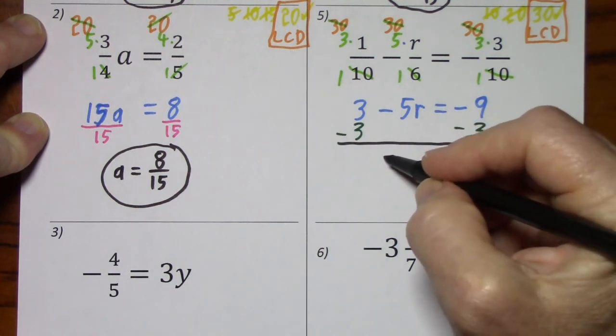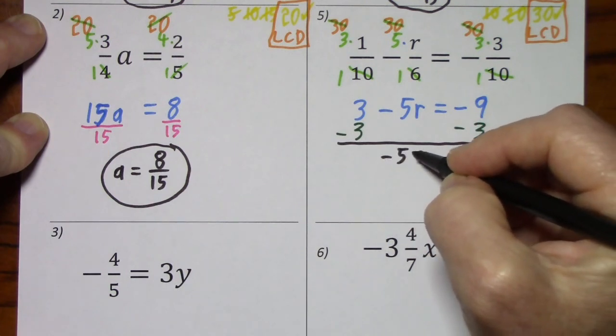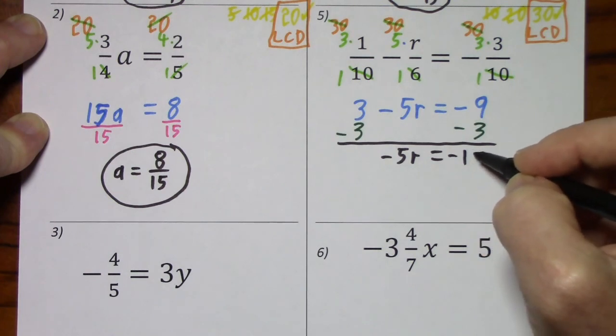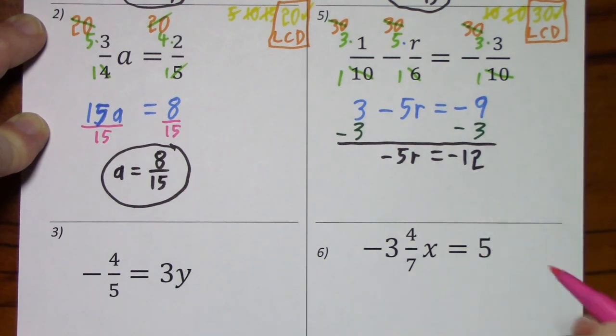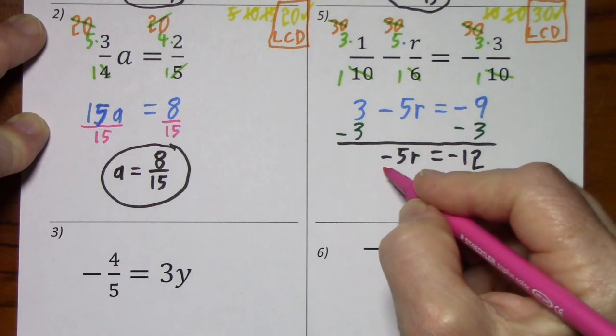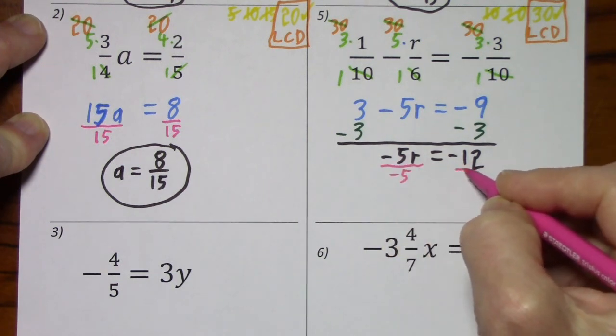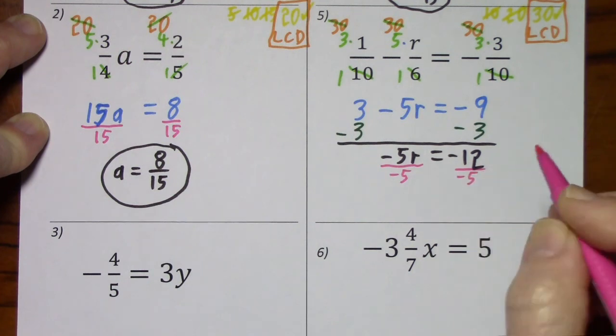Bring down your negative 5r. Your equal sign. Signs are the same, so this gives us a negative 12. You want to get rid of the negative 5, held by multiplication, so we divide by negative 5.